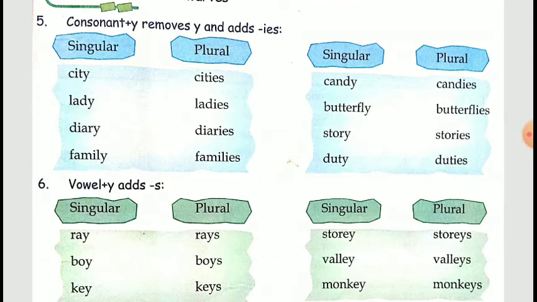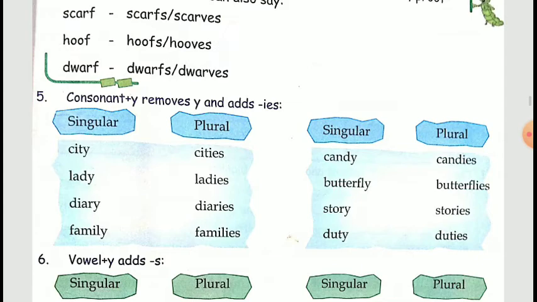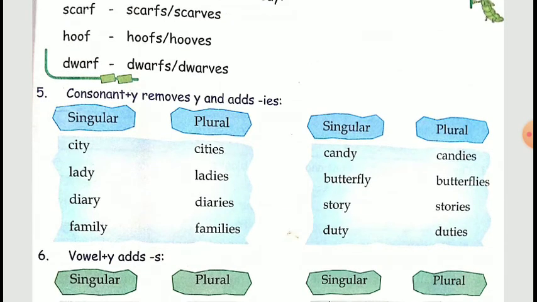So city will become cities, lady, ladies, diary, diaries, family, families, candy, candies, butterfly, butterflies, story, stories, duty, duties. So as per this rule, wherever the word is ending with Y, but before Y there's a consonant, you have to remove the Y and add IES to form plurals.